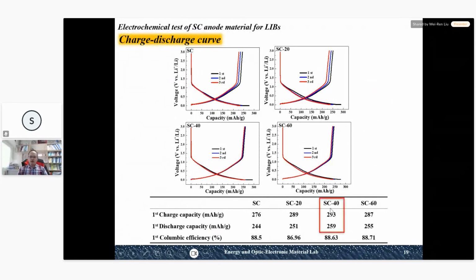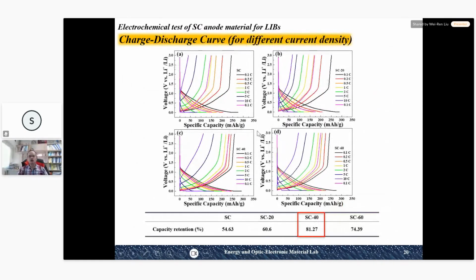But for the 14 times plasma treatment, the charge capacity could be enhanced to 293, the discharge capacity could increase to 259, and the Coulombic efficiency also slightly increases to 88.63. Here shows the charge discharge curve at different current densities. From here, we can also see that the SC with 14 times plasma treatment has very good rate capability.